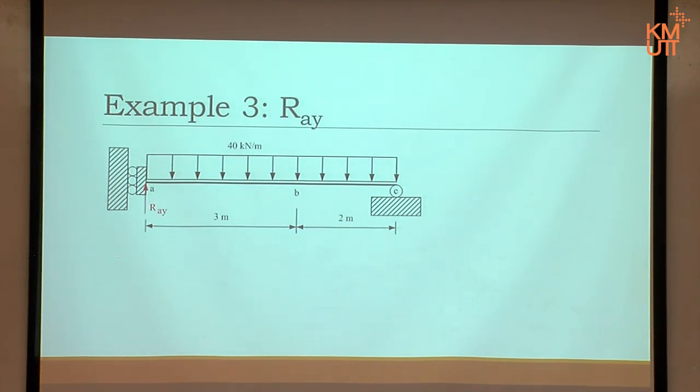How does RAY work? It works only when the point moves up or down, correct? So we're going to move point A up or down. In this case, up. There, it becomes the blue line. Notice the condition. The condition at point A said it cannot go away from the support. It has to stay there, right? The other condition said it cannot rotate. So when you move up, the line is here.